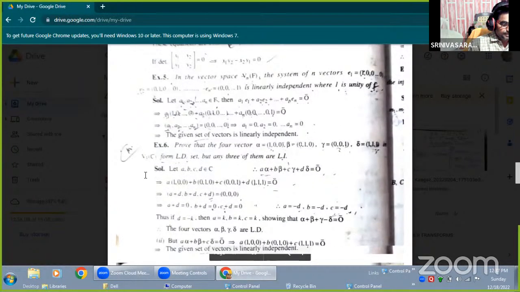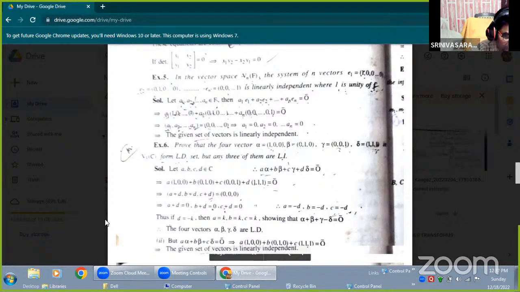These problems are very important. In the vector space Vn of F, the n-dimensional vector space, the system of n vectors, we covered this in yesterday's class. What is the usual basis? Students, these classes are very important. Don't miss them, because according to the subject you have to practice more than theorems.